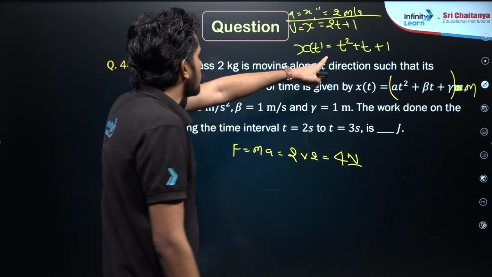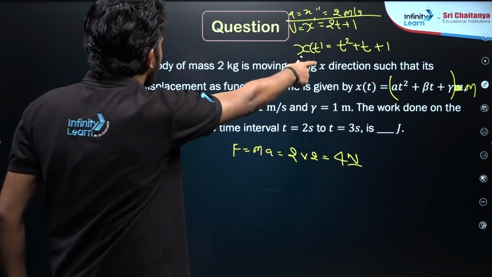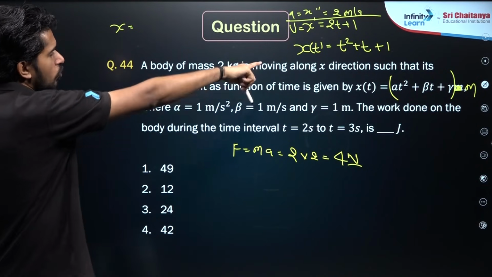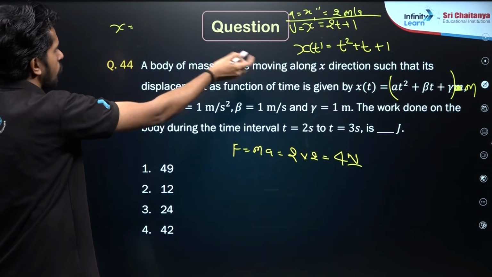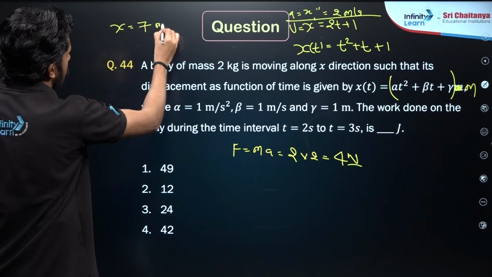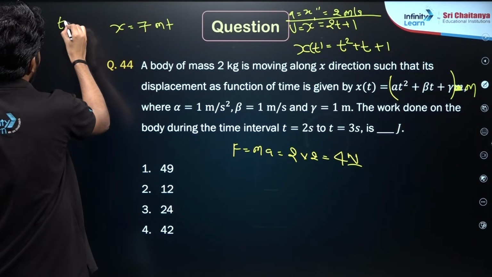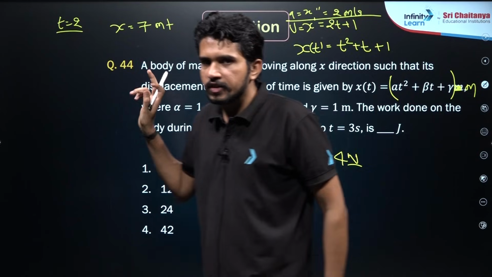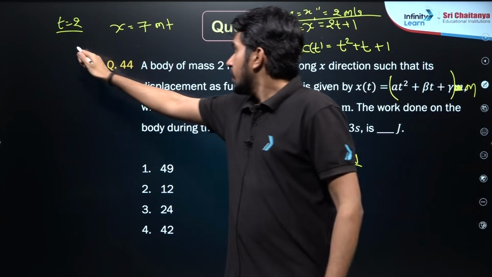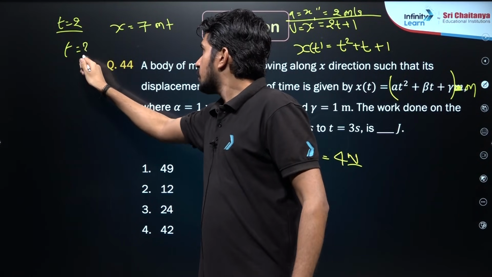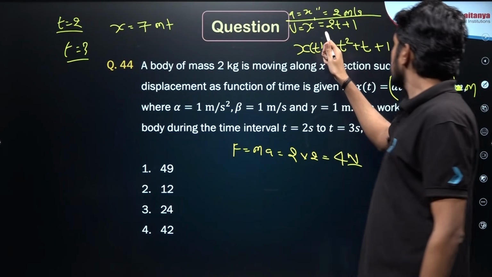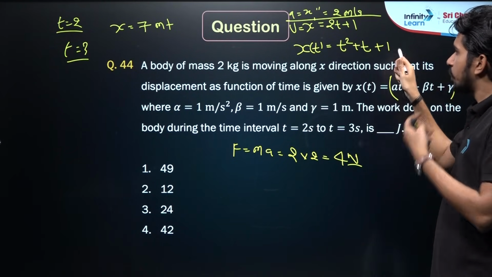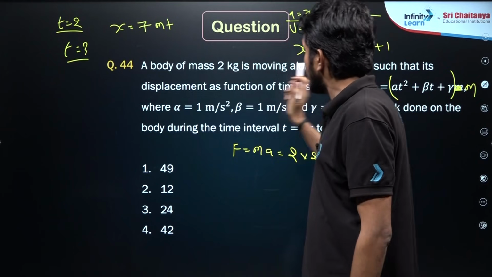So once you put 2 seconds, at 2 seconds x or position vector was 2 into 4 plus 2, 6, plus 1, 7 meters. At t equal to 2 second, the object was at 7 meter position. At t equals 3 second, x was t square, 3 threes are 9 plus 3, 12 plus 1, right, 13.